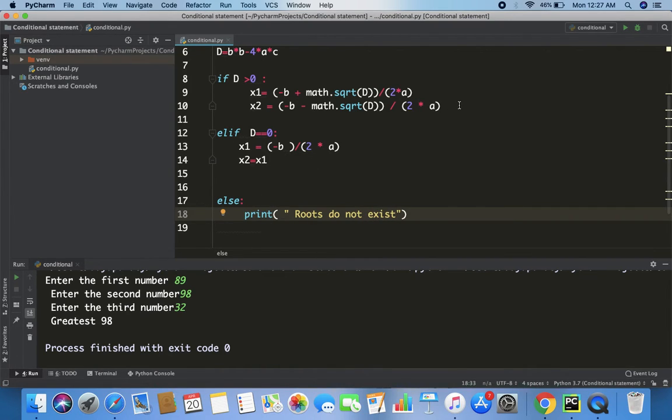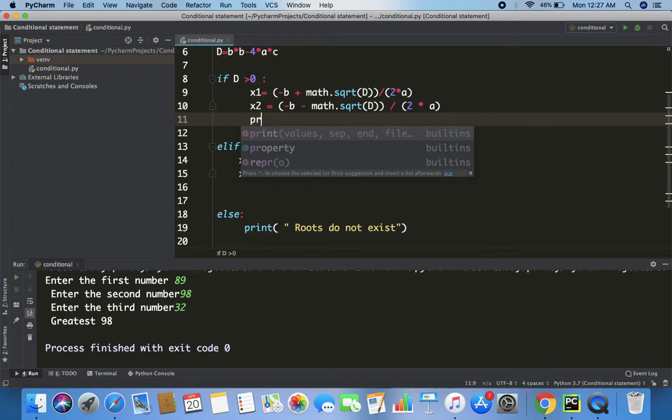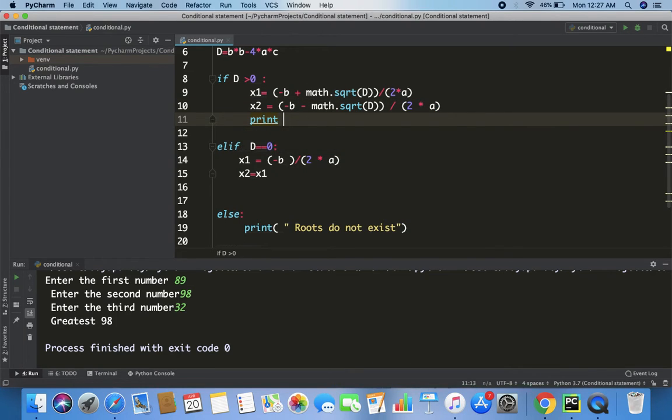Here we'll write print roots are x1 and x2.